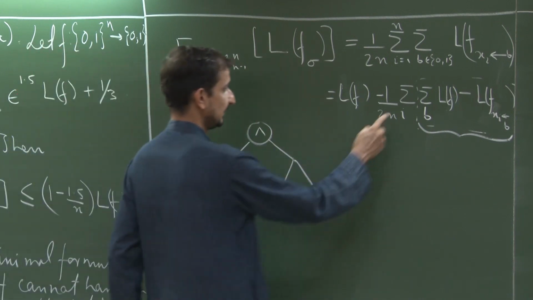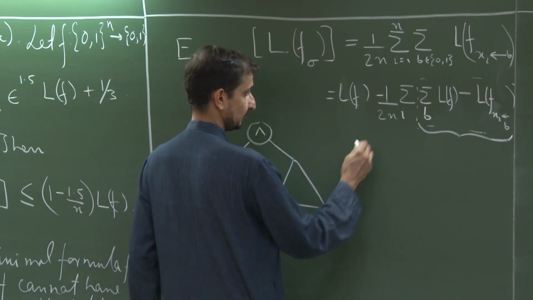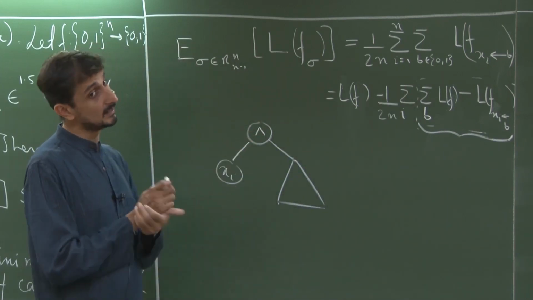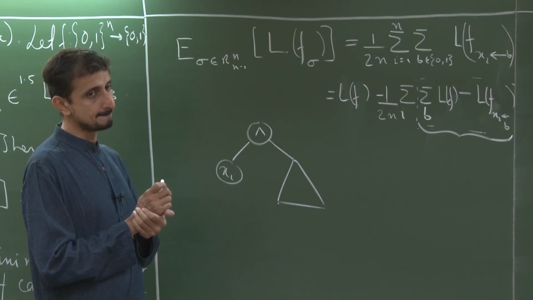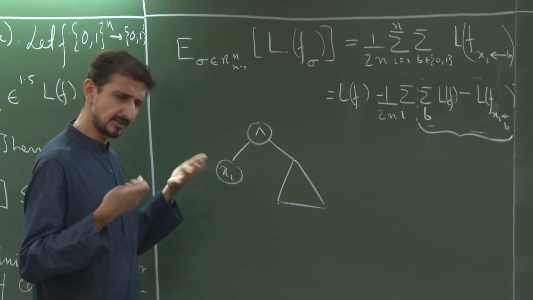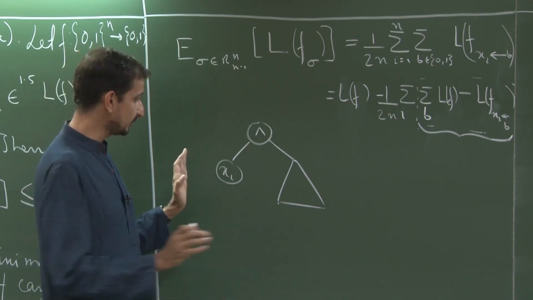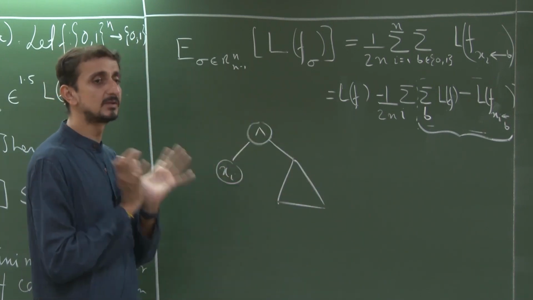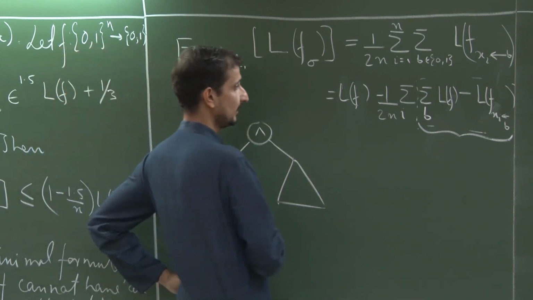If it is an OR, it is the other way around. You can keep on removing everything, that is fine, but I am just trying to argue how much can I remove at this level, because I just want to give a count.